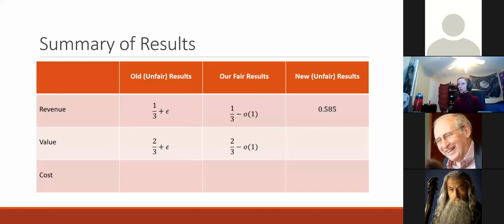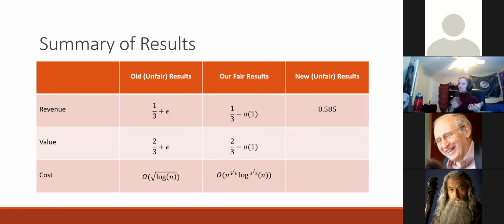Okay, so to sum up our results, for revenue and value, we get very close approximation results for the fair context compared to the unfair approximation algorithms at the time. However, there is now a new algorithm that achieves a better approximation for revenue.